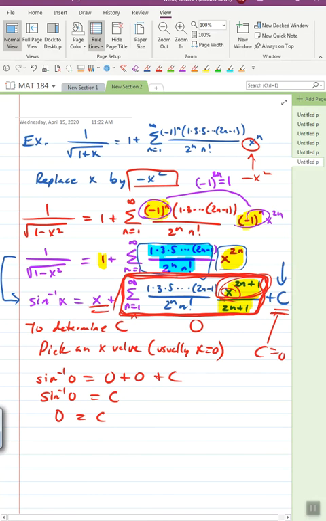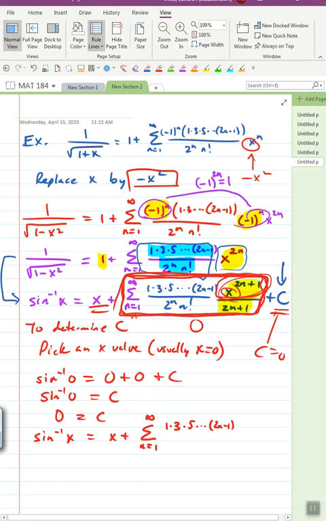Meaning, we have a working power series now for sine inverse. And make sure you have this one written down in case you need it. I'm not sure if it's needed in your online homework or not, but I don't think it's in your table on page 696.